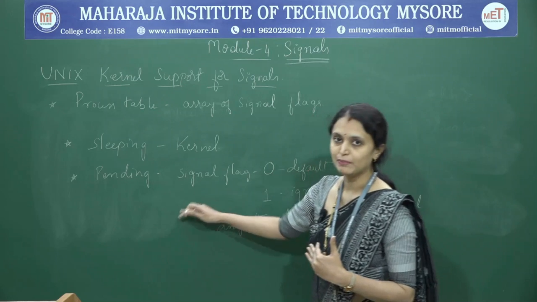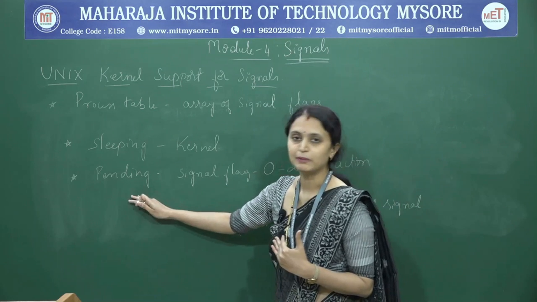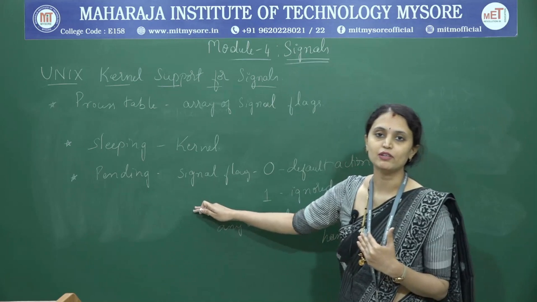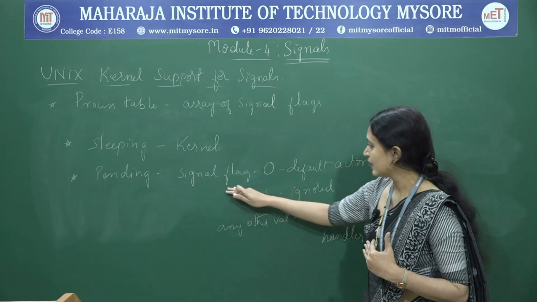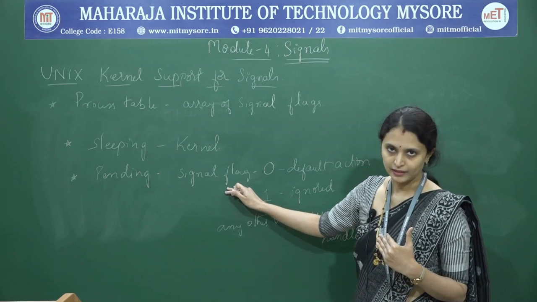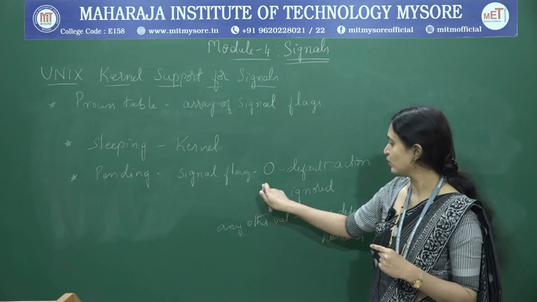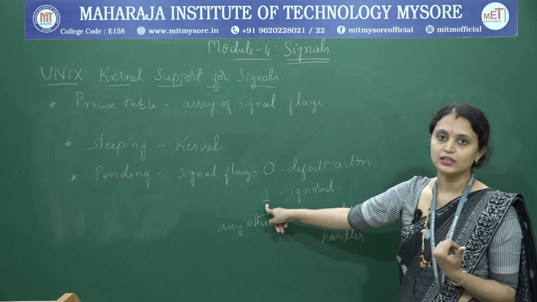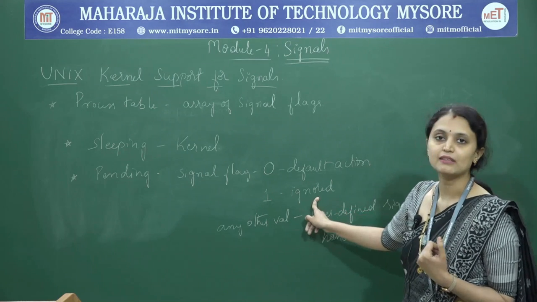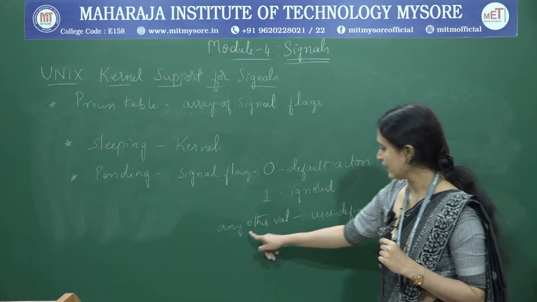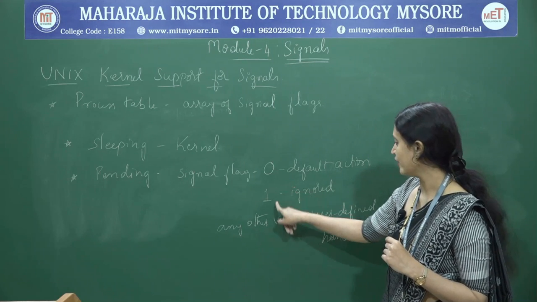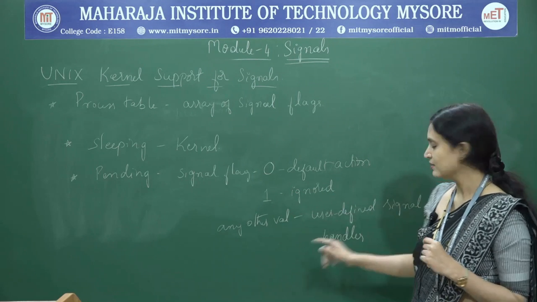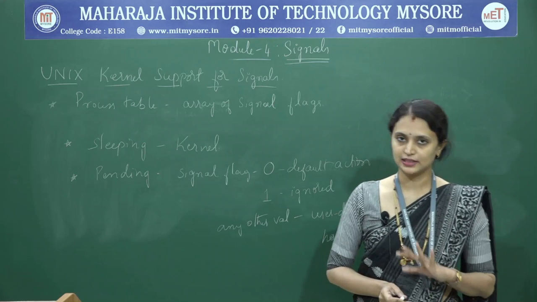Same way here, in the kernel part, whenever the signal is pending at the process side, the kernel will verify the signal flag in the array. If it has the value 0, the default action will be performed. If it has the value 1, the signal will be ignored, and if it has any other value other than 0 and 1, the user defined signal handler will be executed.